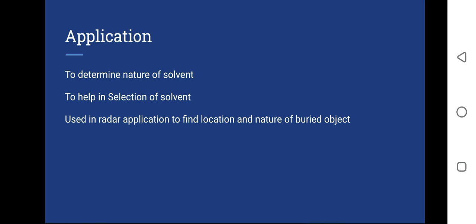It also helps in selecting the type of solvent that gives the maximum solubility, and we can also select a blend of solvents to get maximum solubility. Again, the dielectric constant has an application in radar to find buried objects and determine the nature of the buried object. These are all the applications of the dielectric constant.